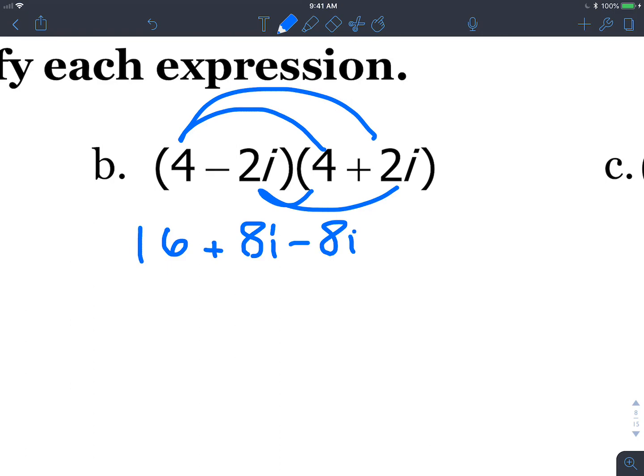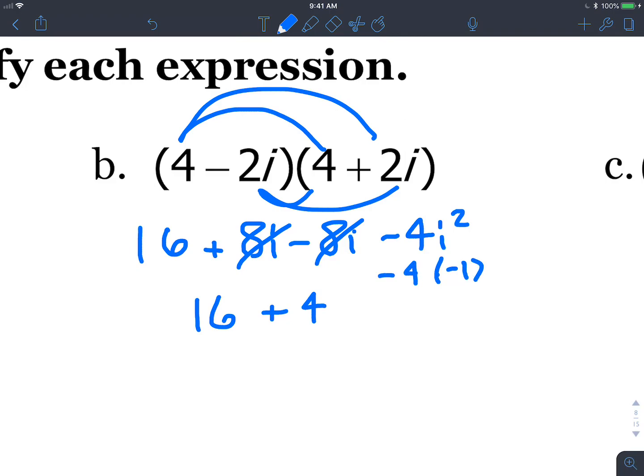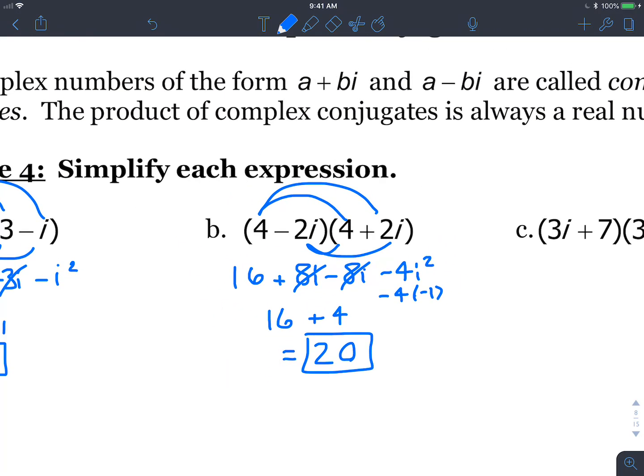And then 2i times negative 2i is negative 4i squared. Alright, and then combine your like terms, that's 16. The 8i's cancel out, and then that'll be plus 4, basically. Remember, your i squared is going to change to negative 1. And then negative 1 times negative 4 is going to be plus 4. And when you fully simplify, that'll be 20. And that is it there.